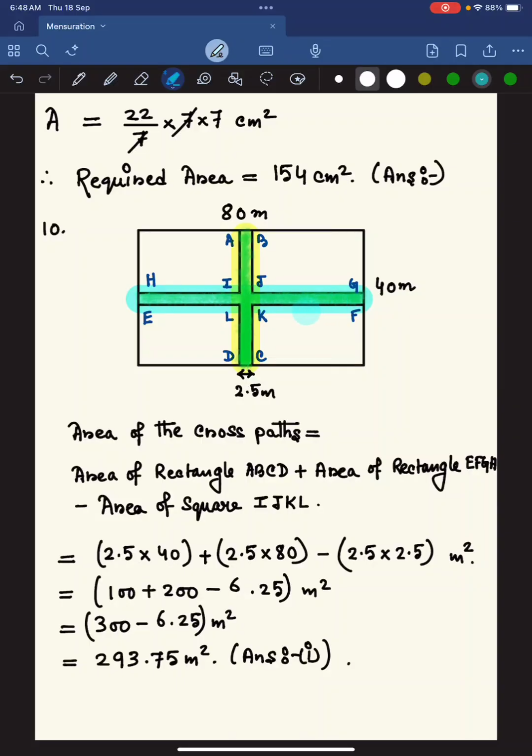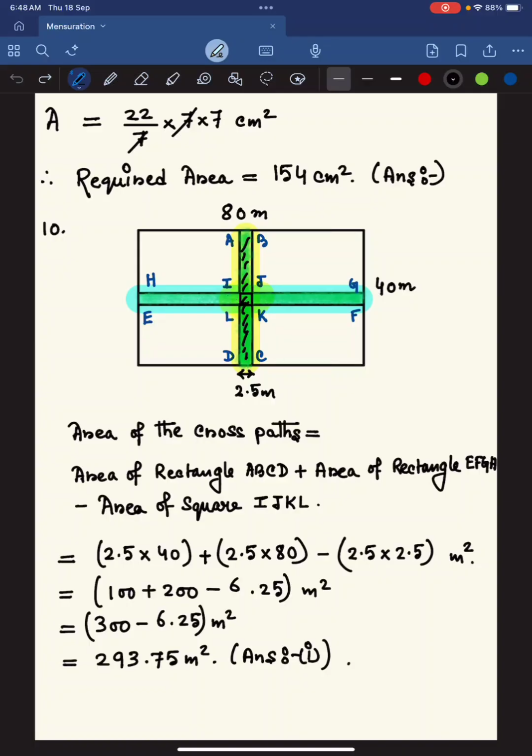Now look, this area is common in both of them, right? So we need to subtract the area of this square portion, because it comes in this rectangular path as well as in this rectangular path. Understood?